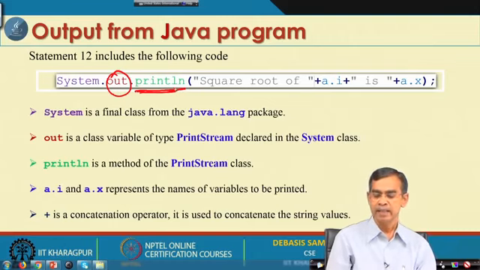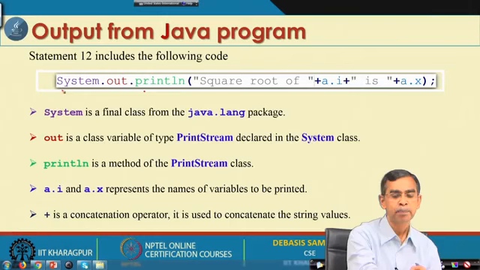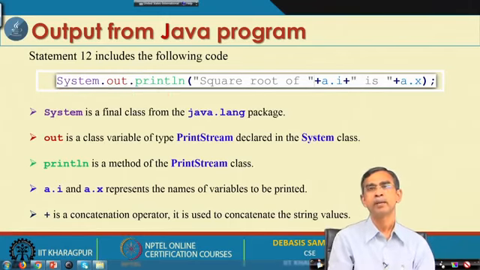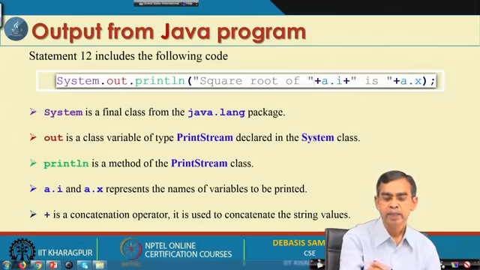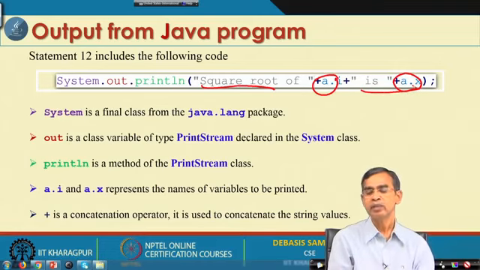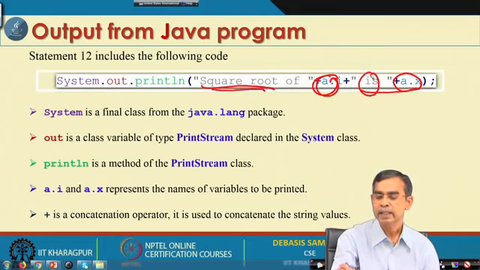So the idea is that the println method which we used here is defined here, and the println method again takes a variable number of arguments as input. Here the arguments are one string, then one value, then another string, and another value.